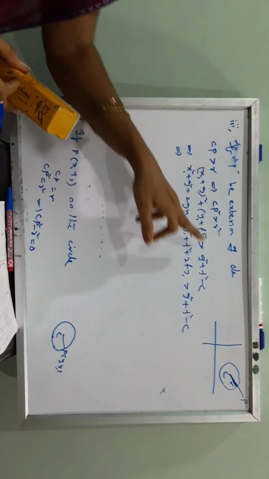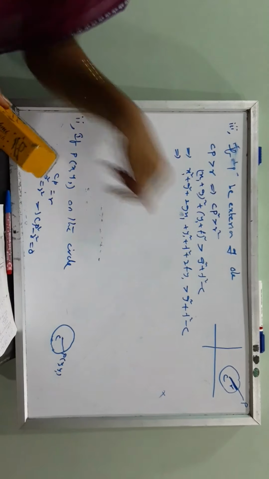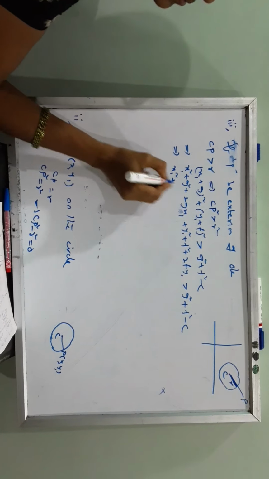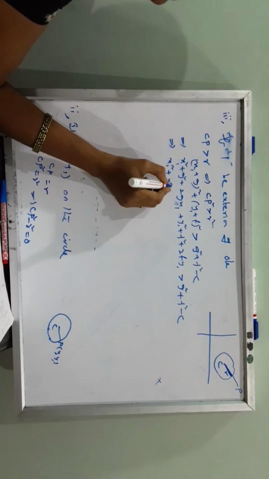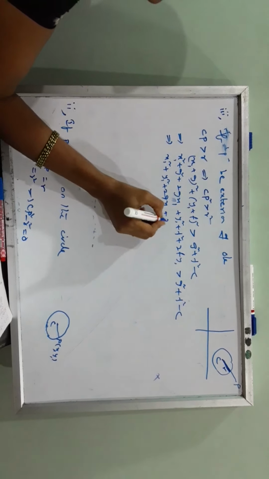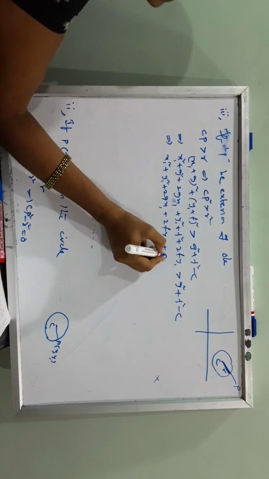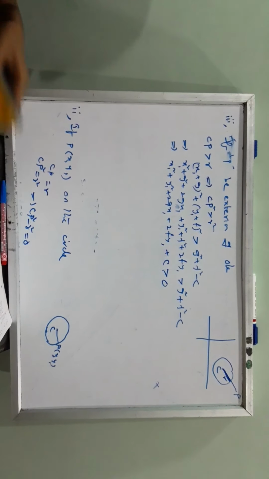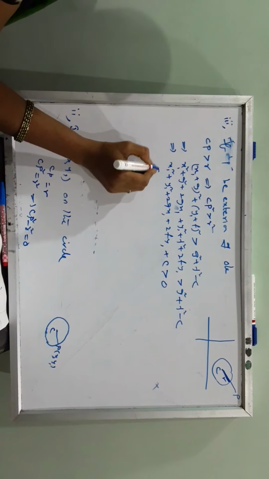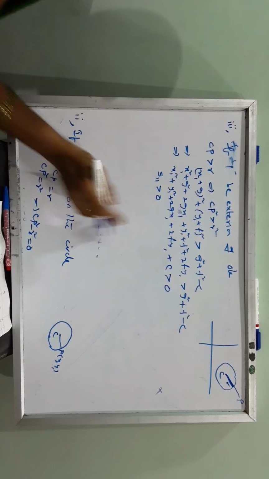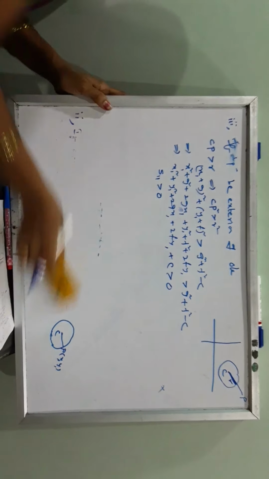Here f square and g square cancel, then x1 square plus y1 square plus 2gx1 plus 2fy1 plus c is greater than 0. Can be written as S11 is greater than 0.